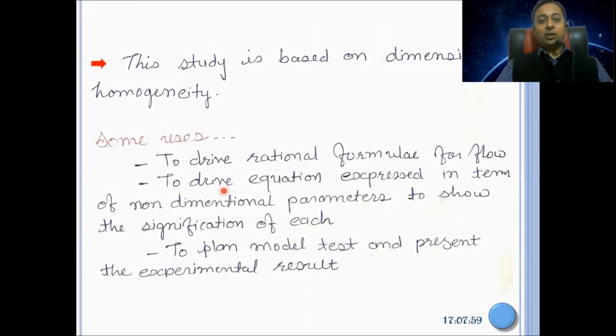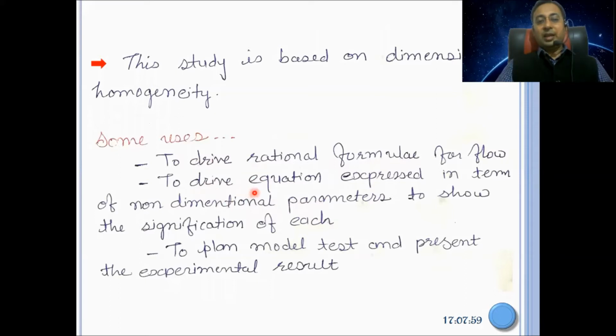And what is the use? The use is to derive the rational formula for the flow, then to derive the equation expressed in terms of non-dimensional parameters. Now you have studied the non-dimensional parameters: Reynolds number, Nusselt number, Prandtl number. We will see all this in detail.